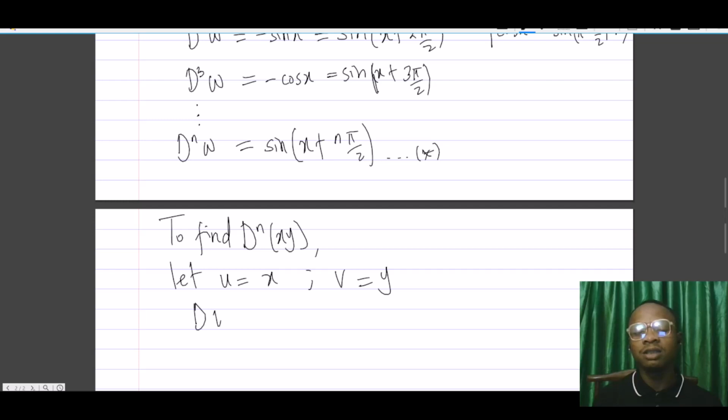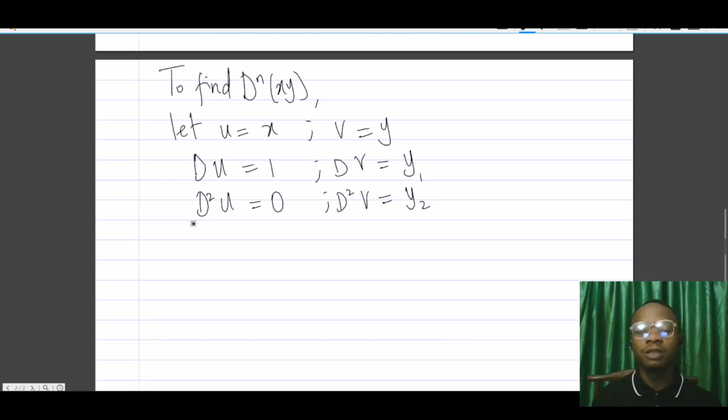If that is the case, u prime, that's the first derivative of this, is 1. The v prime will be equal to y sub 1, that's the first derivative of y. And the second derivative of u will be equal to the derivative of 1, which is 0. The second derivative of v will be equal to y sub 2.